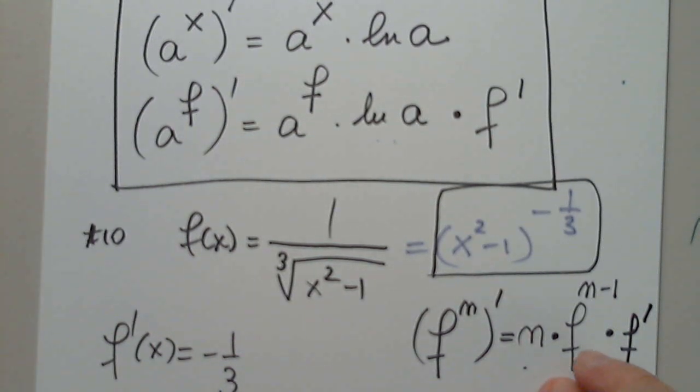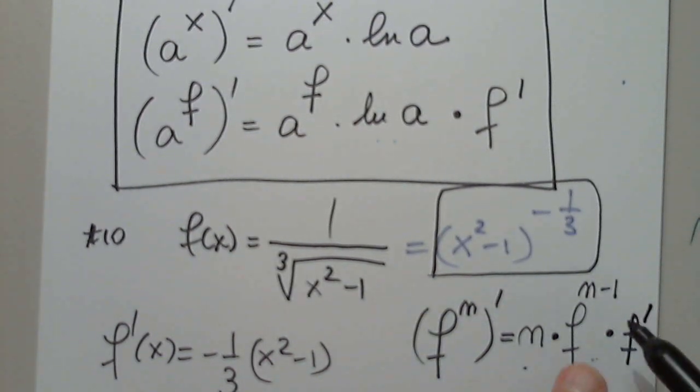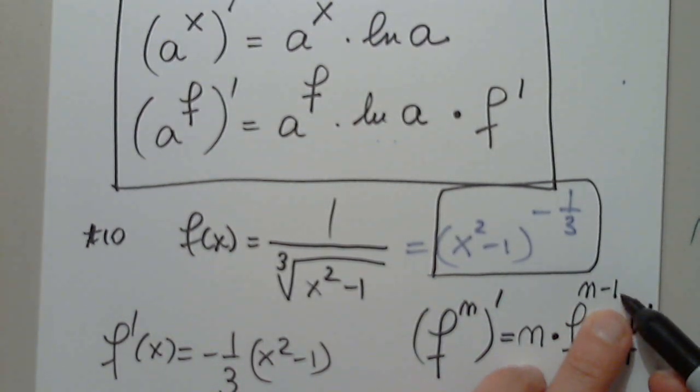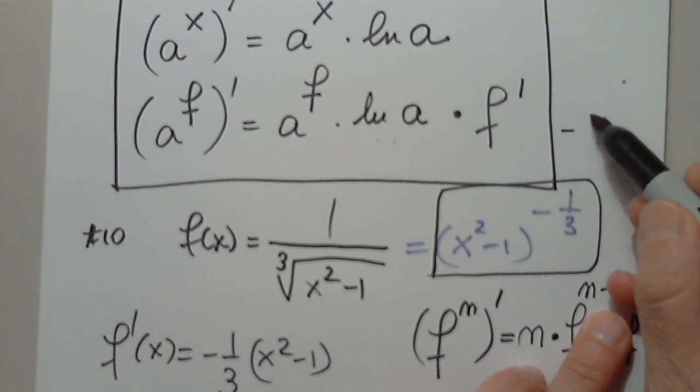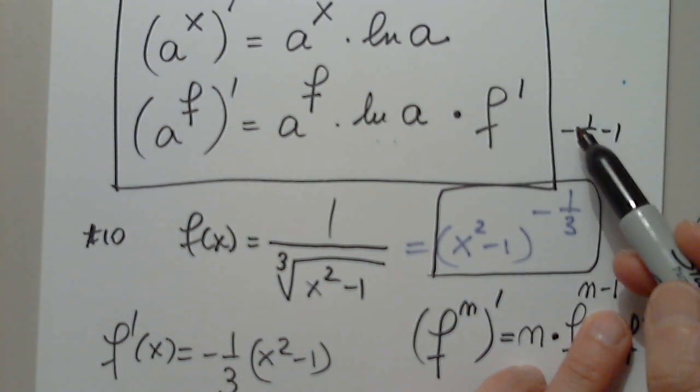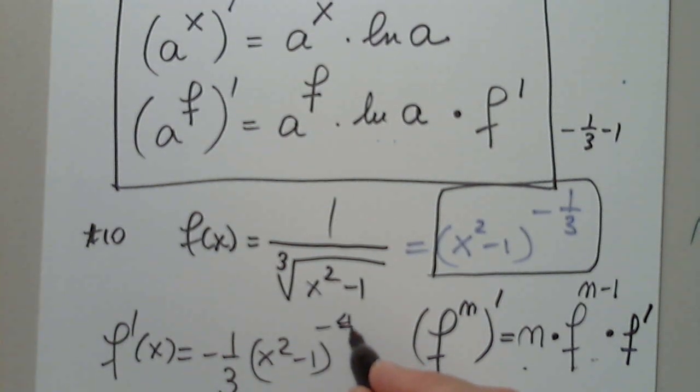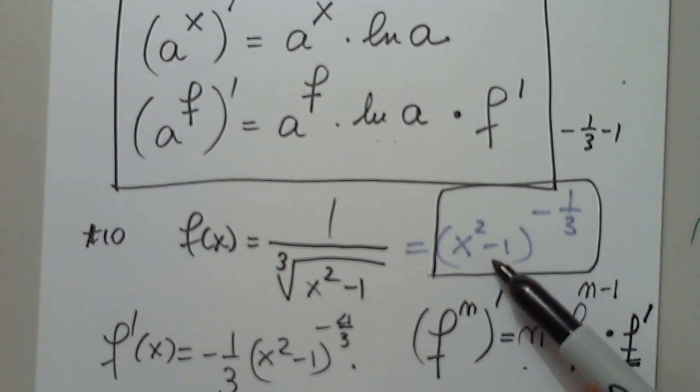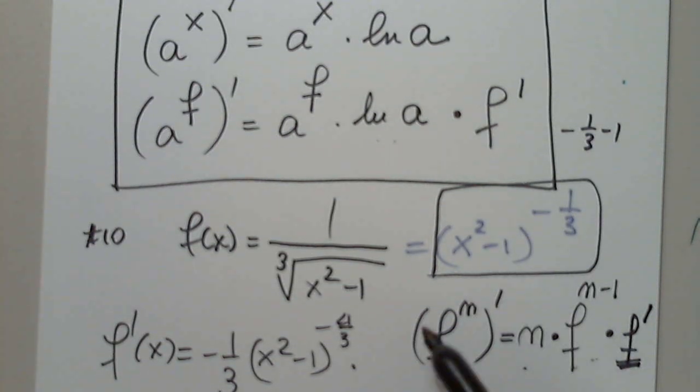Now I have to copy the function. From negative 1/3, I have to subtract 1. Negative 1/3 minus 1. Negative 4/3. Yes. Negative 4/3. Times, and now I'm here, the inner function prime. 2x. That's it.